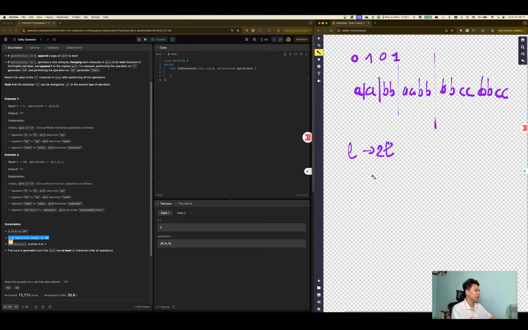Say the index is 4, so it must have been created after the second operation, because after the second operation you got the length of 4. So it must belong to the second operation, and you know the value of this operation.